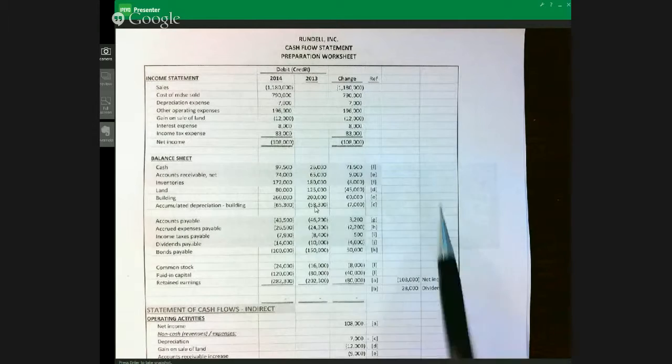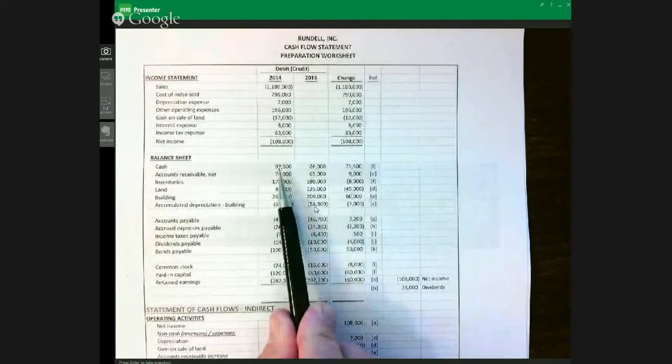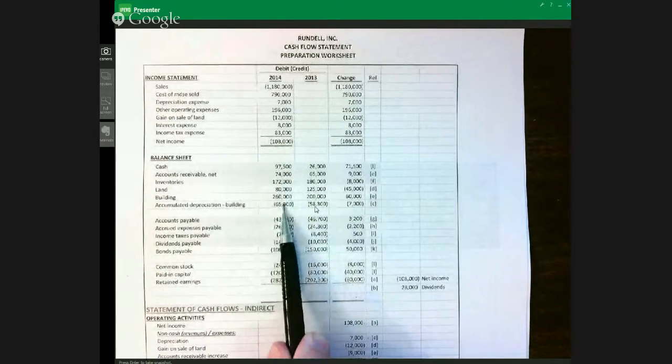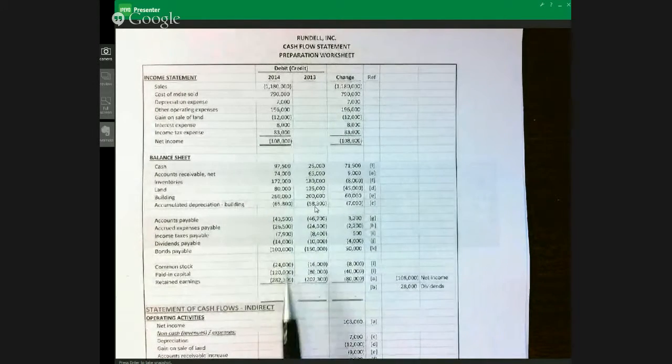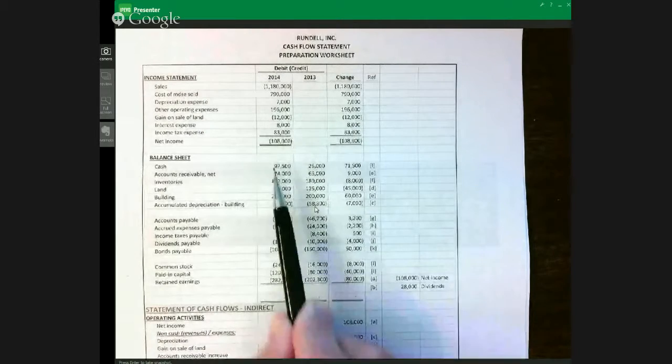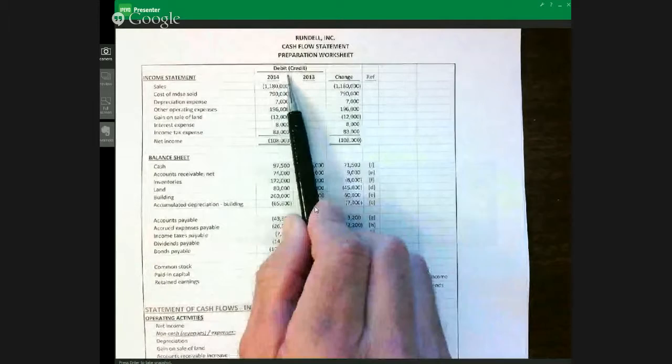And here's the deal. You know that on any balance sheet, the total of the assets should equal the total of the liabilities plus the total of the owner's equity. In this formulation, we're showing debits and credits and not increases or decreases.